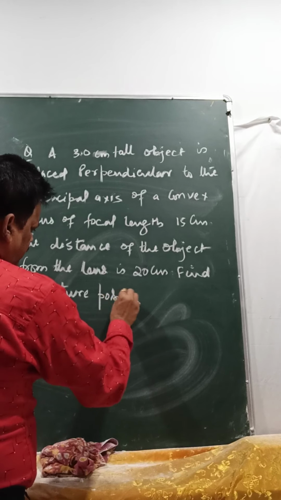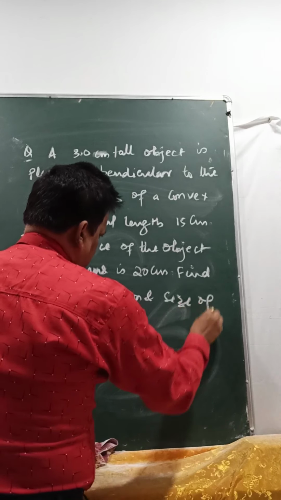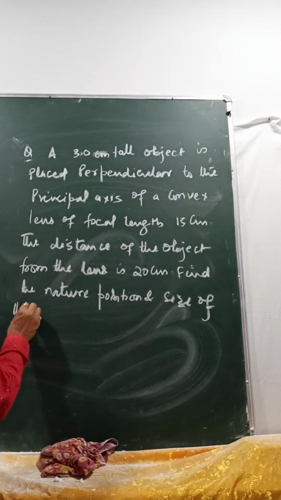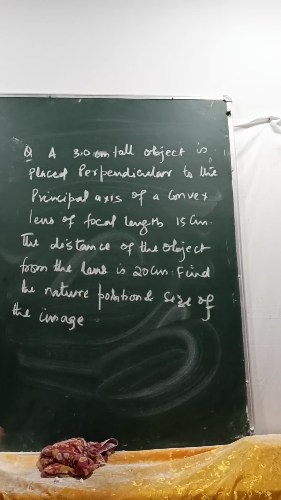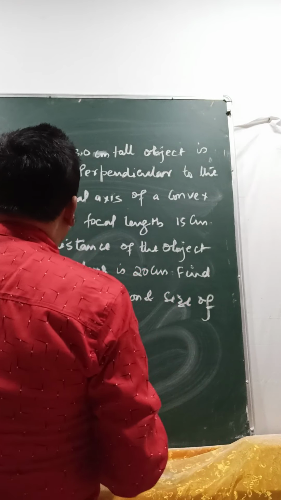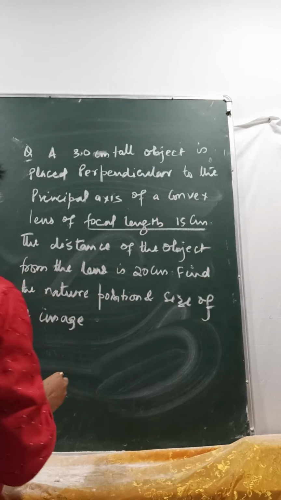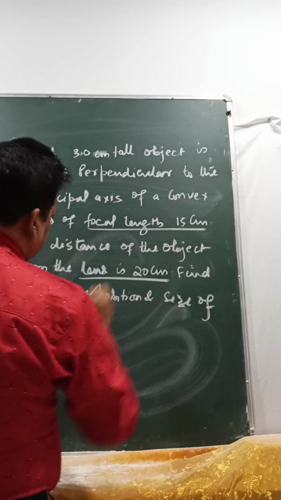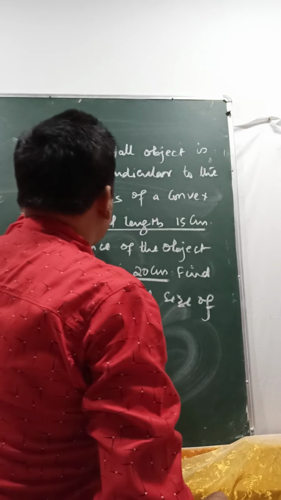Okay, I draw it. So the only thing you have to notice here: focal length is 15, object distance is 20. These two are the main points and object is 3 centimeter.